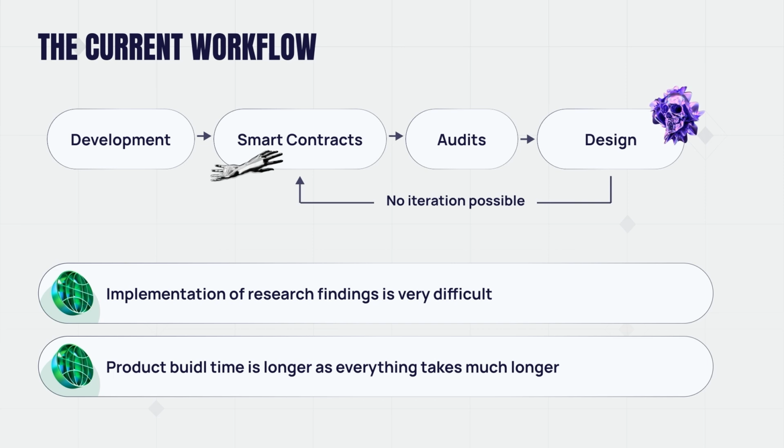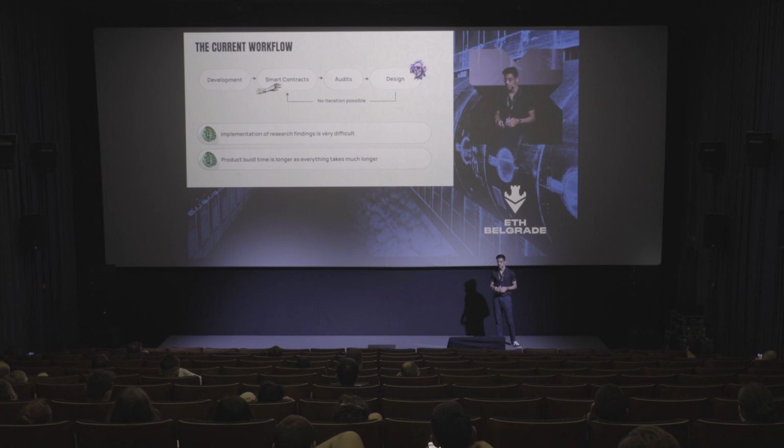So implementation of research findings is very, very difficult because of the sequential nature of the workflow, because development precedes design, so it depends on the completion of the previous phase, which in turn keeps making the product build time longer, and iteration isn't really possible there.